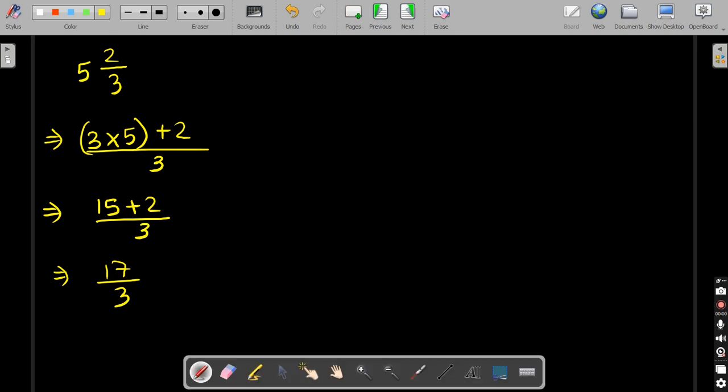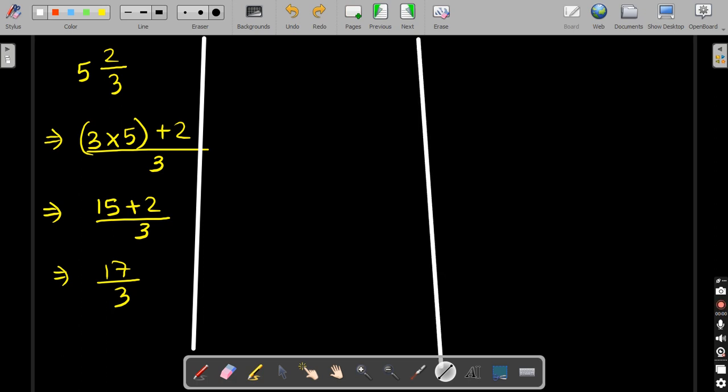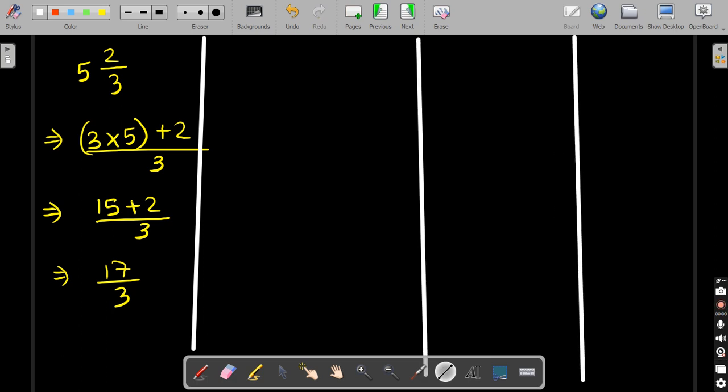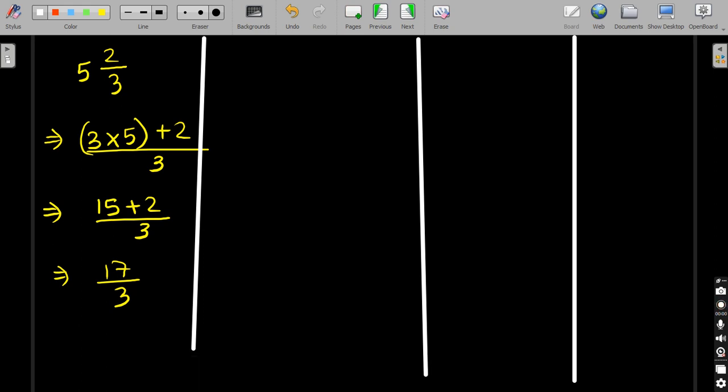Now let me give you a different example, a different number, and we will learn how to solve it, so that it will be 100% clear and there won't be any confusion in future also. For example, the number given is 3, 2 by 5. Same type of fraction I am solving.